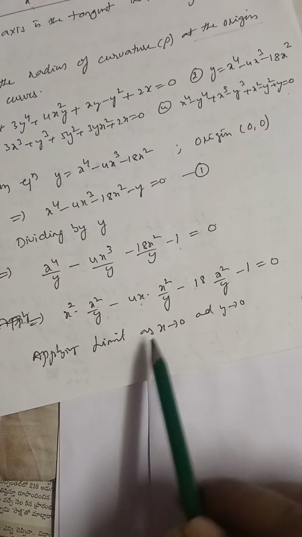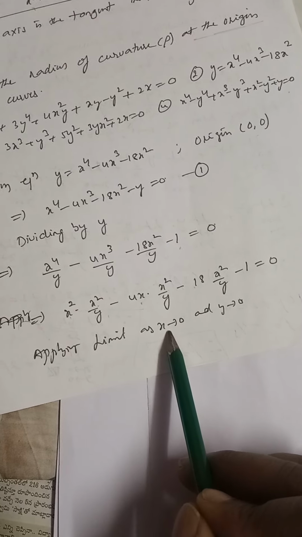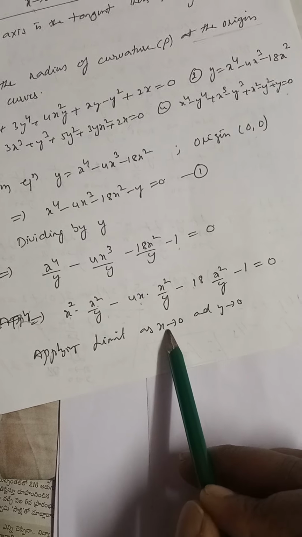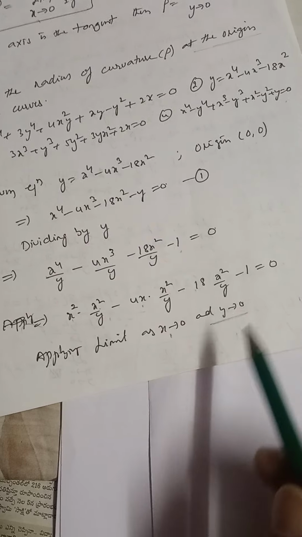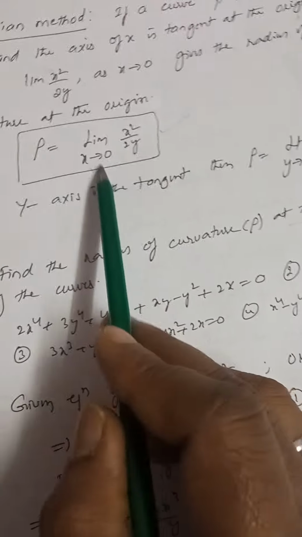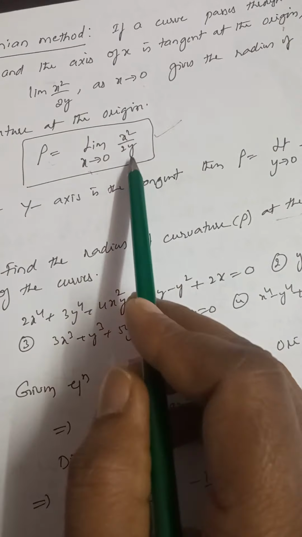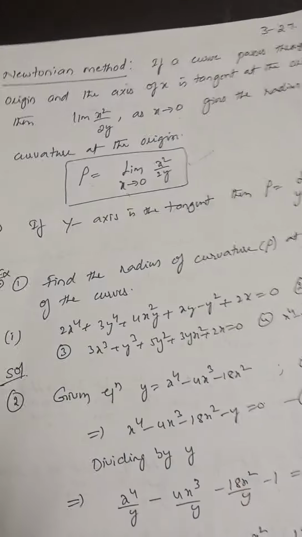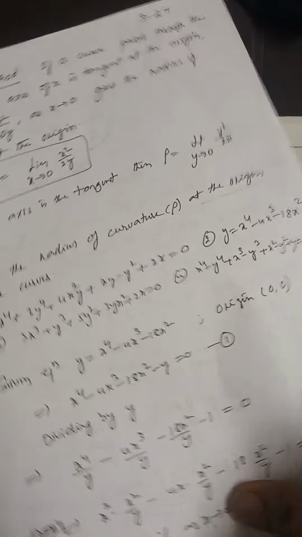Now apply the limit as x tends to 0, y tends to 0, right? Why? Because limit as x tends to 0, x square by 2y can be written as rho, right? This is the formula, remember.